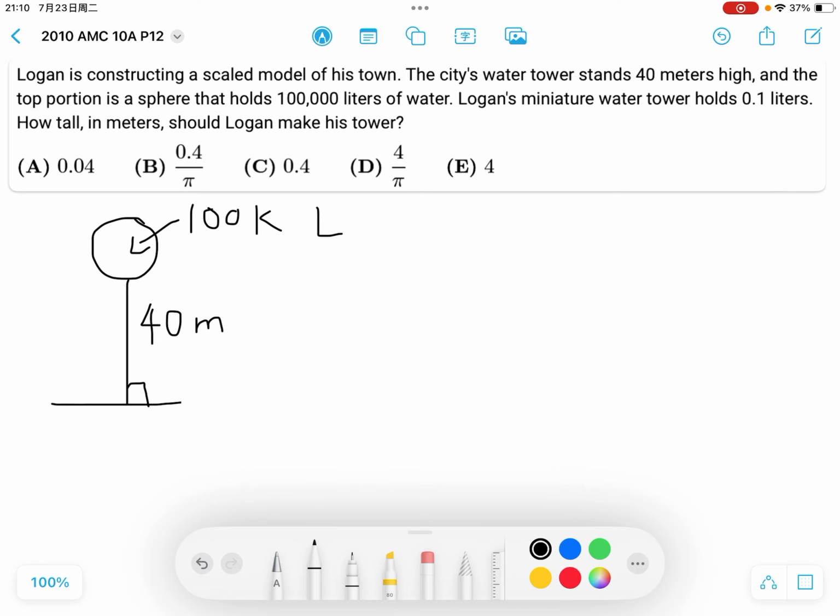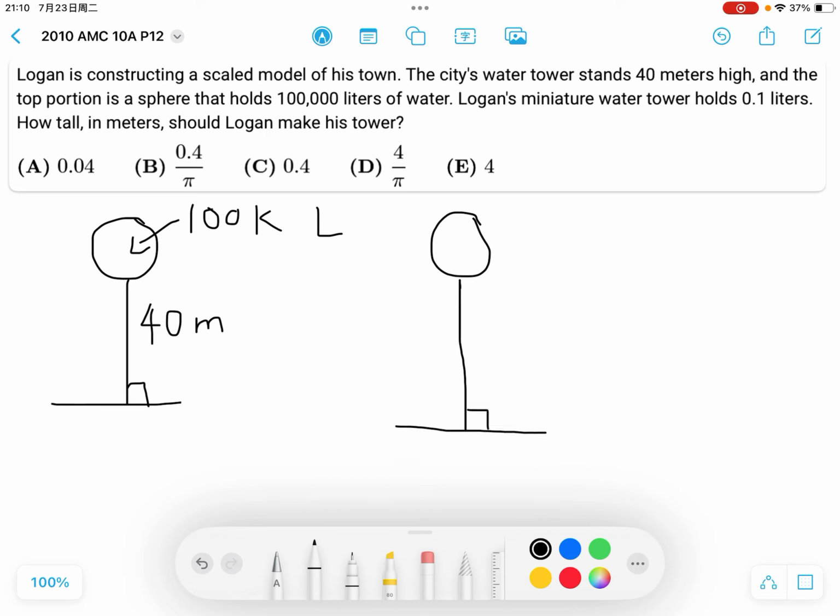So now we have all of our values, and we're going to draw another water tower. This one represents the model Logan has. So this is a sphere, and this is the height, the stand.